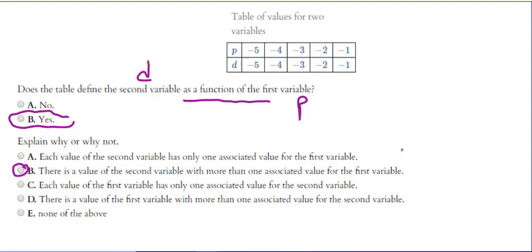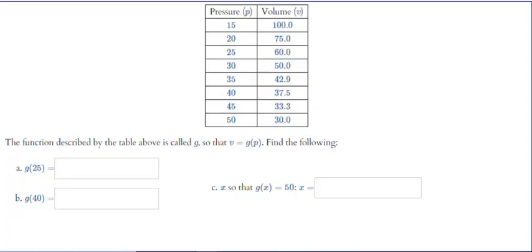No, wait, let me read. I misread that. Each value of the second variable has only one associated value for the first. Okay. So, I just circled the wrong one. My apologies.